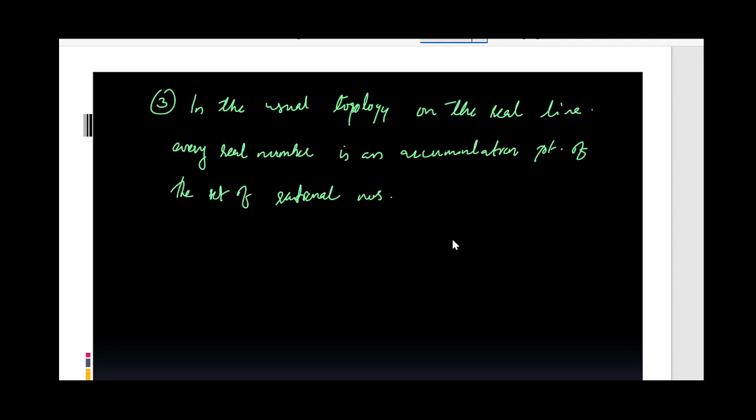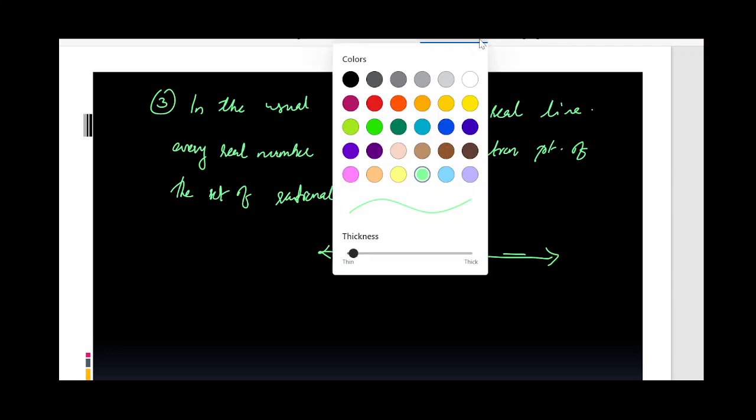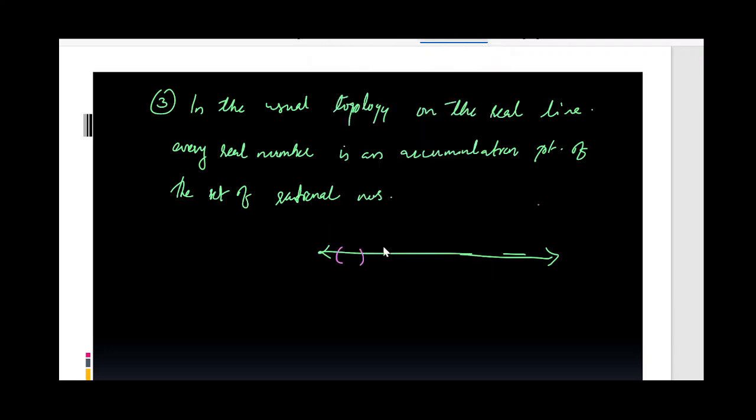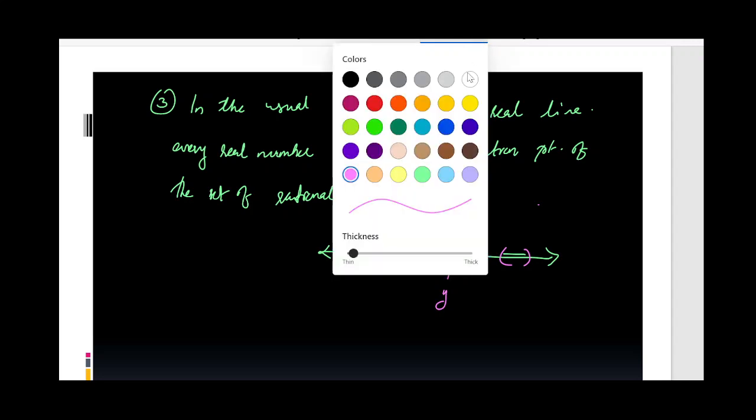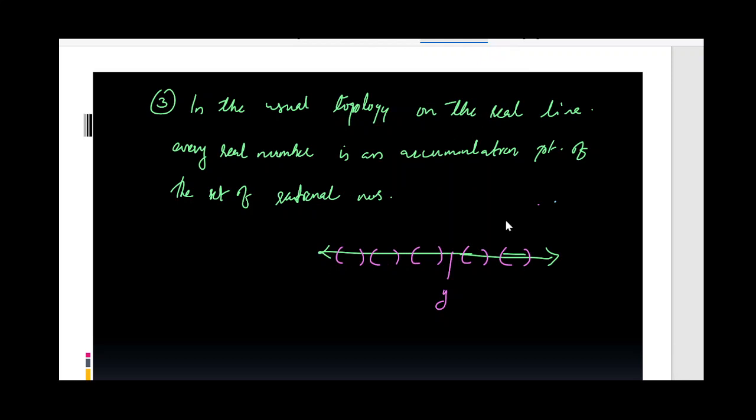See, it says that you take the real line with the usual topology. Usual topology means the open sets are going to be open intervals. So lots of intervals like this, these are going to be the open intervals. Now every real number, you take a real number here, you take it as Y. Now Y is an accumulation point of the set of rational numbers. Will it be possible? Yes, of course.